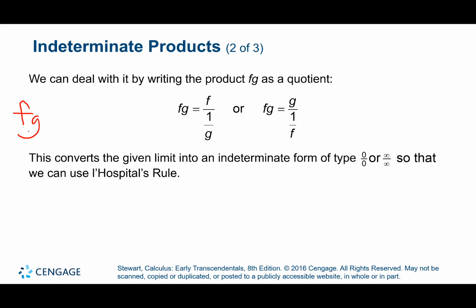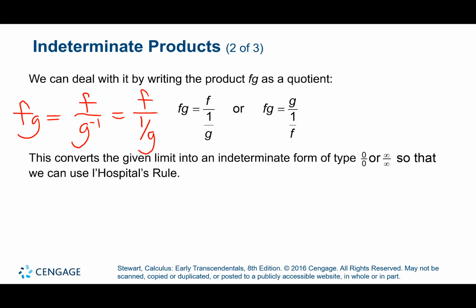So if we've got f times g and we're getting 0 times infinity, we can rewrite this either way. We could write it as f over 1 over g. Just move g to the bottom, or you write it that way.